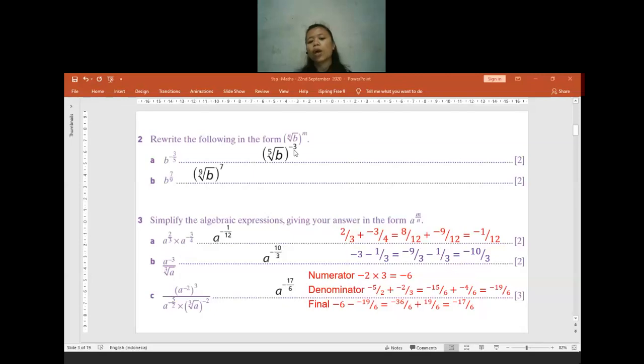Some of you write it as 1 per fifth root of b to the power of 3. It's not wrong, but I think it will be better if you keep it in the negative power, because the question is not in fraction form, so you have to make it fifth root of b to the power of -3. For question B, it will be ninth root of b to the power of 7.